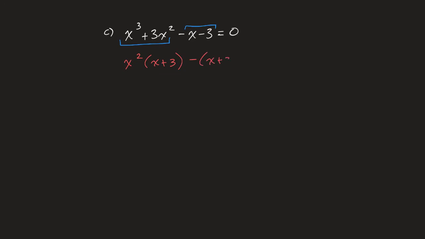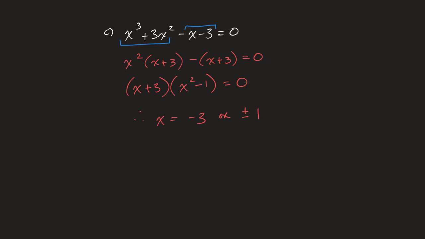And if I pull out a common factor of -1 from the last 2 terms, now my 2 terms have a common factor of x plus 3. And now I could state that x has to equal -3 from the first factor, or plus or minus 1 from the second factor.